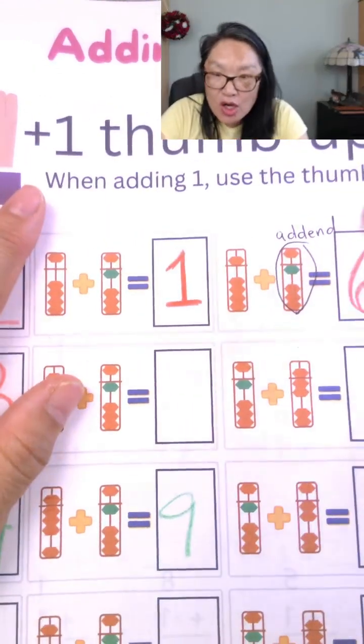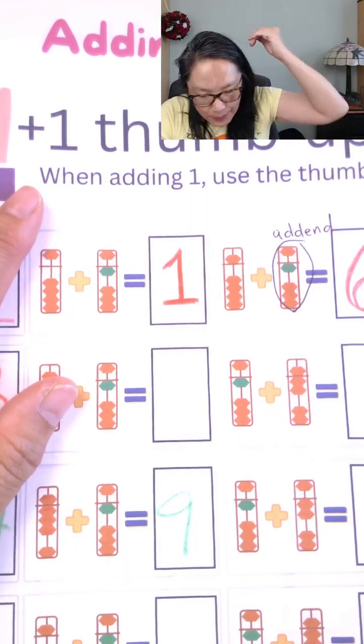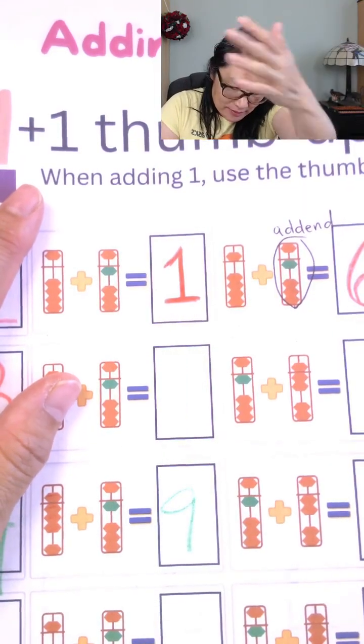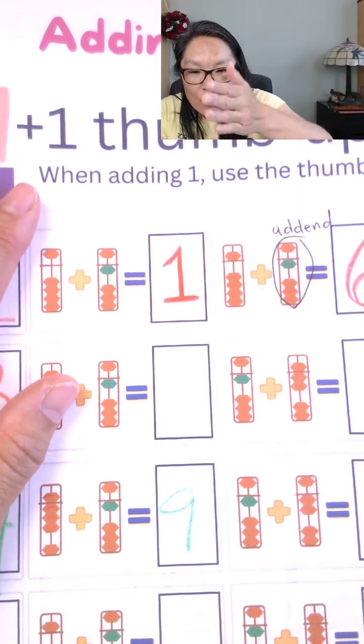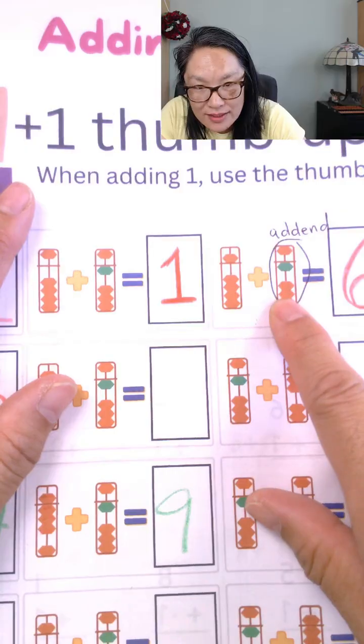Why? Because it's all about the journey. Abacus is life. Life is a marathon. Abacus is the journey. We don't focus on the destination. We're not result oriented, we're process oriented.